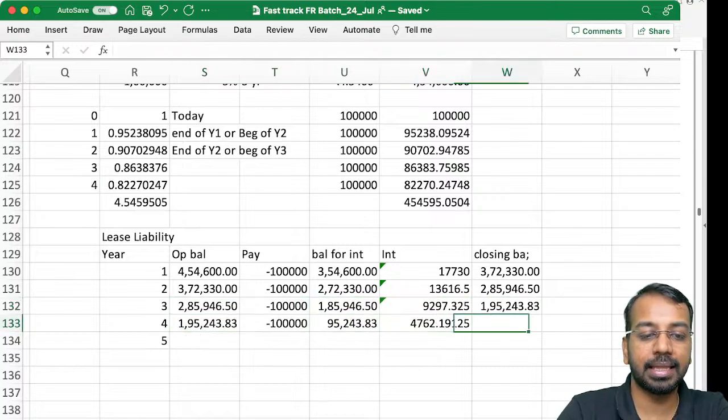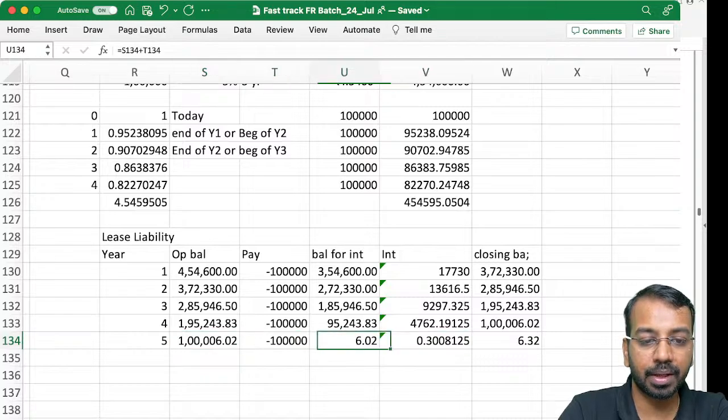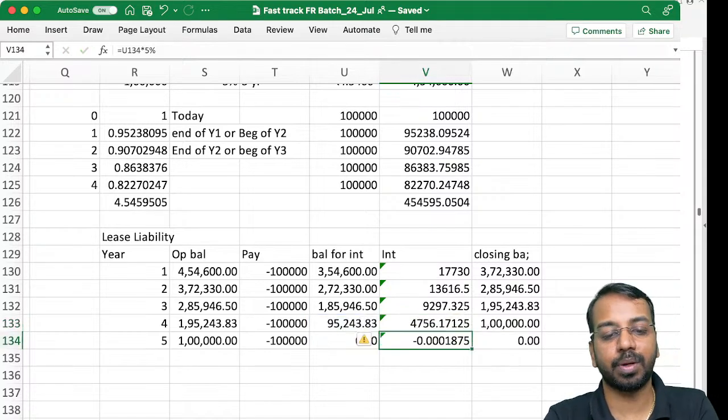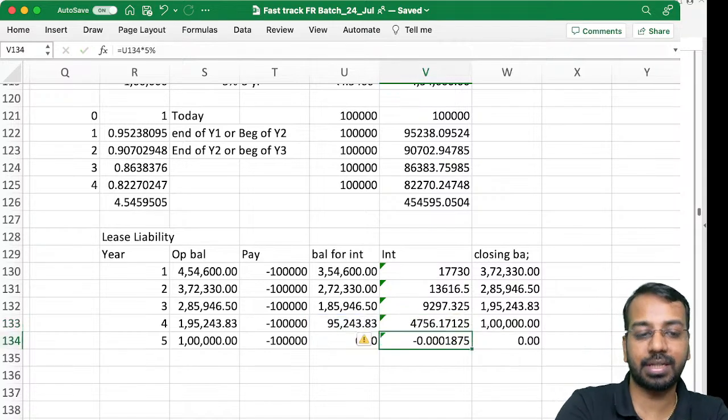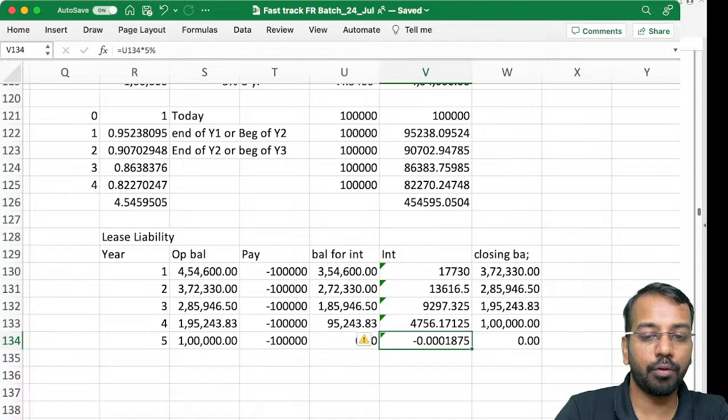You will see that at the end of the period the closing balance is 0. So here what you can do, in the 4th year you can put the interest as minus 6.02, so that the closing balance becomes 0. But this is the first calculation. First time when you prepare the lease liability schedule, this is how it would look like. Then how will the ROU asset look like?